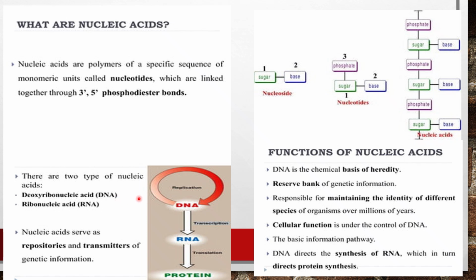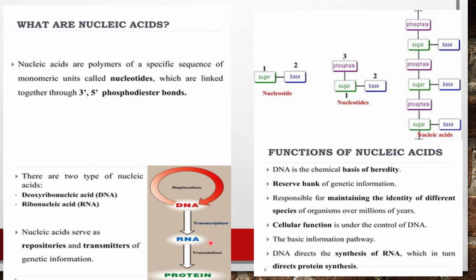Nucleic acids serve as repositories and transmitters of genetic information, meaning all the information is coded in the form of genes over the DNA. Genes are small regions of specific sequences of DNA, which on being expressed through transcription lead to the formation of RNAs, in which the information is coded.